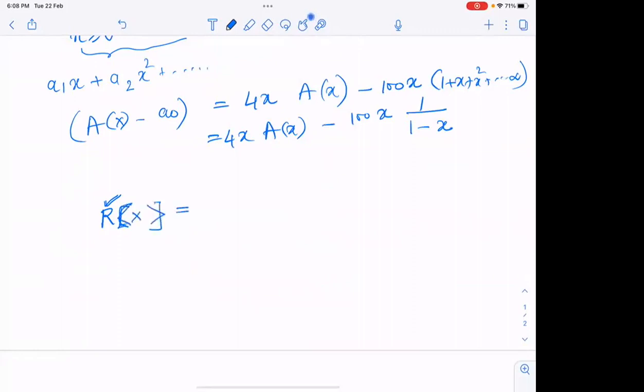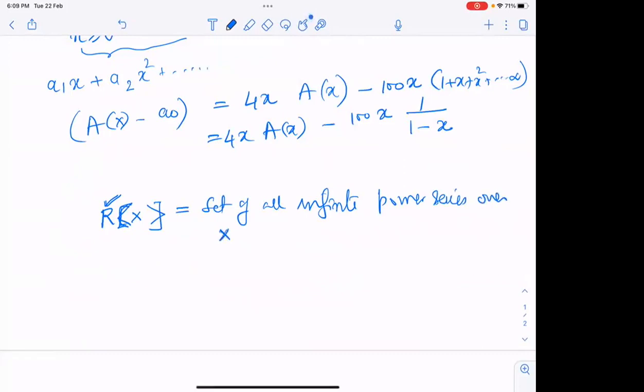This notation means the set of all infinite power series over x.